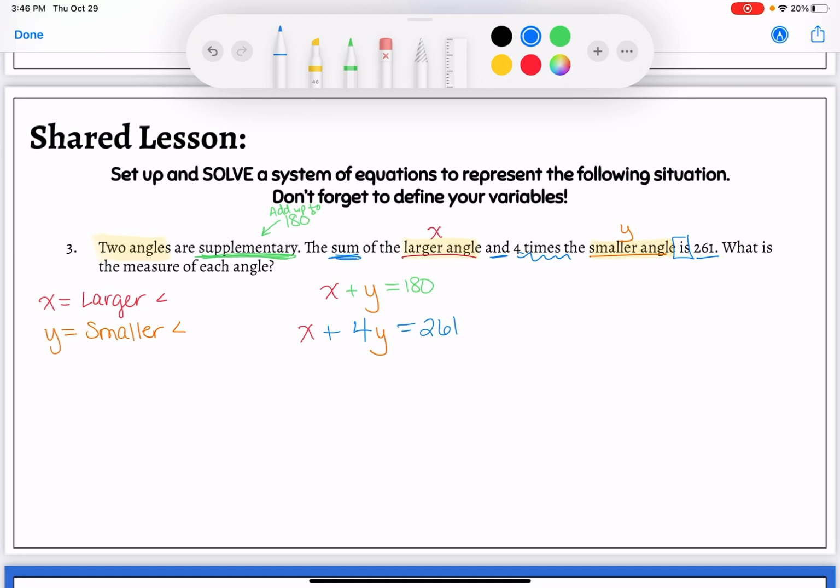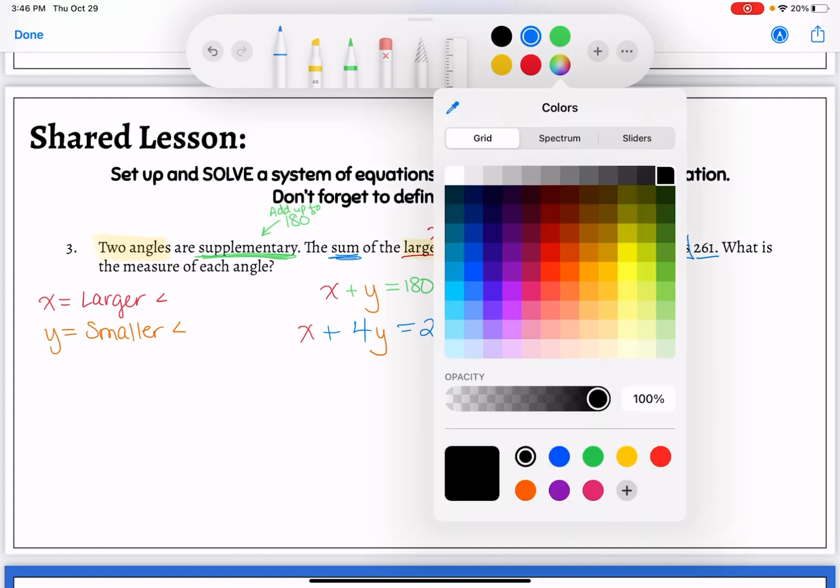All right, we've got our system all set up, and on this one I can choose substitution or elimination. Now I've done substitution on the last two problems, so I think I'll choose elimination on this one, but again, you could do either method. This one is set up perfectly for both. And technically I could eliminate either the x's or the y's on this one in a very easy one-step process.